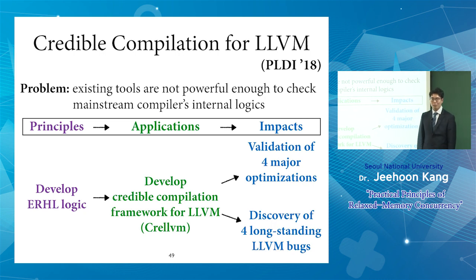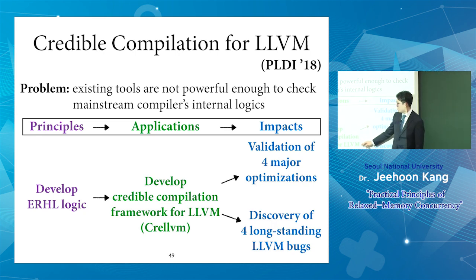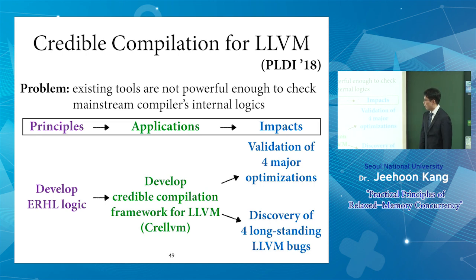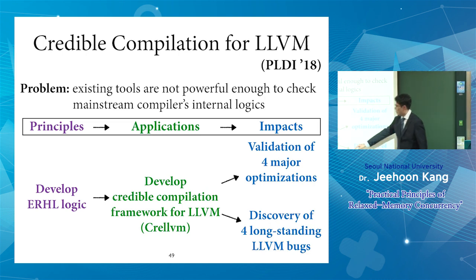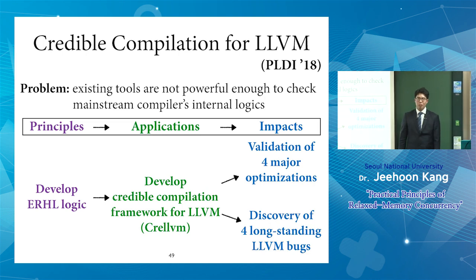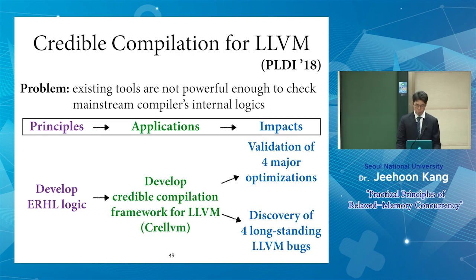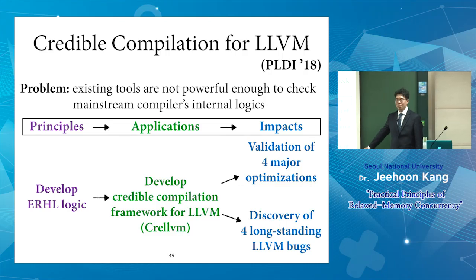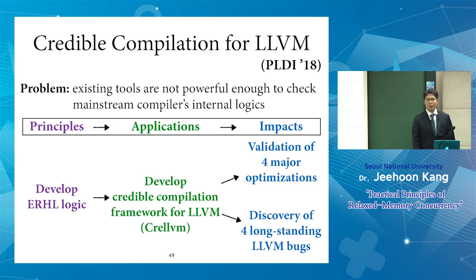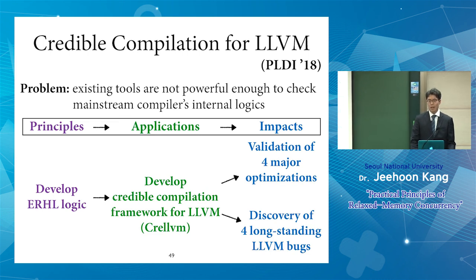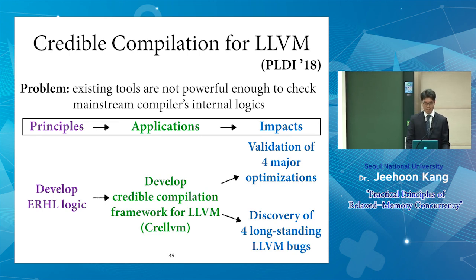Based on this logic, we developed a credible compilation framework for LLVM, called CRELM. Using CRELM, we checked the internal logic of 4 major optimizations, including MEM2Reg, which is a register promotion optimization, and GVN, which is the global value numbering optimization. In the course of doing so, we discovered 4 long-standing LLVM bugs, and one of them was introduced in 2008.